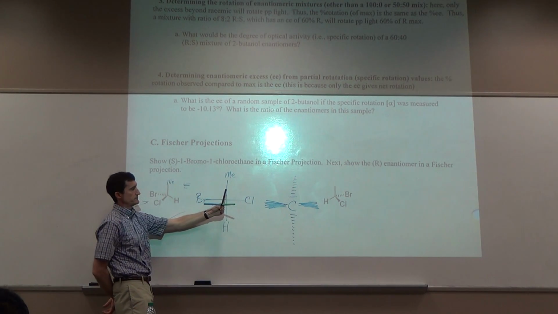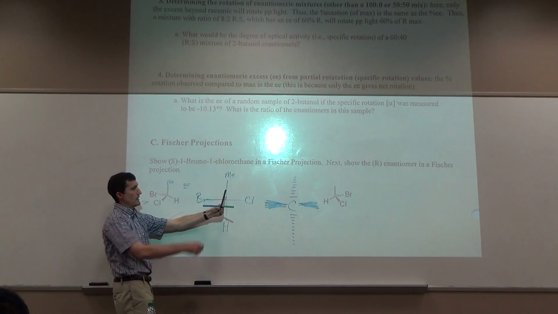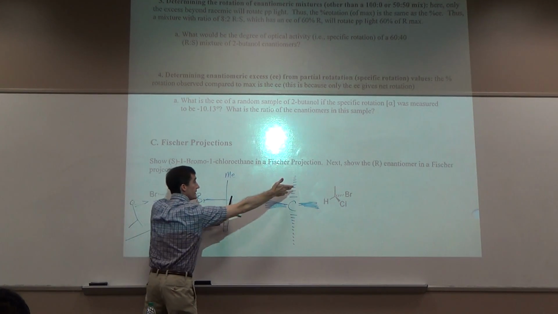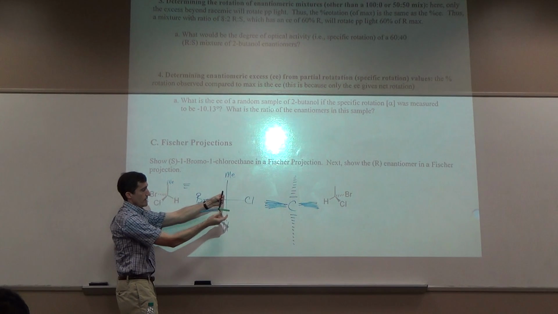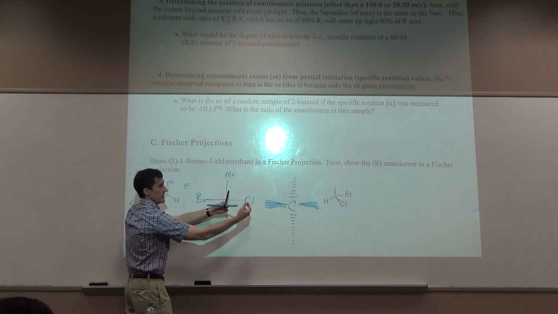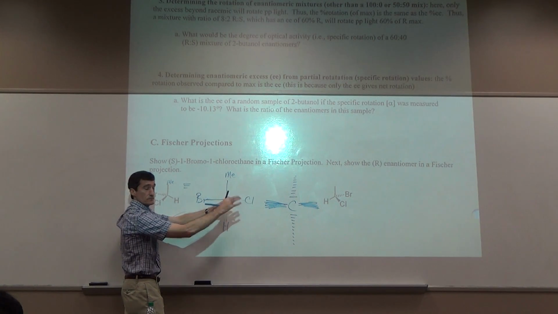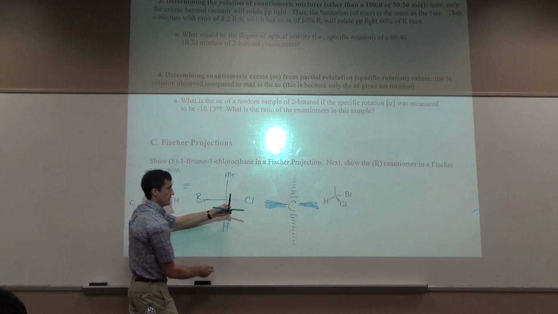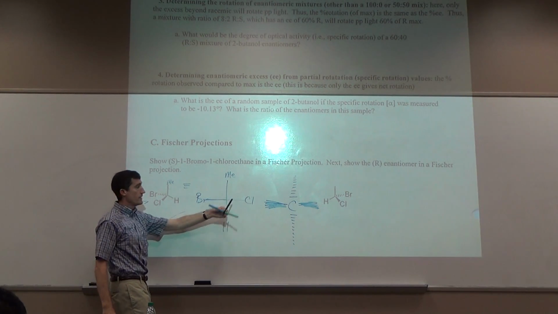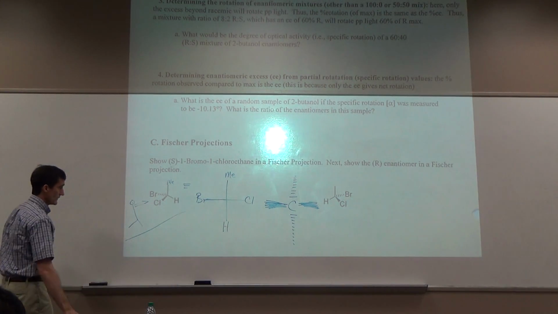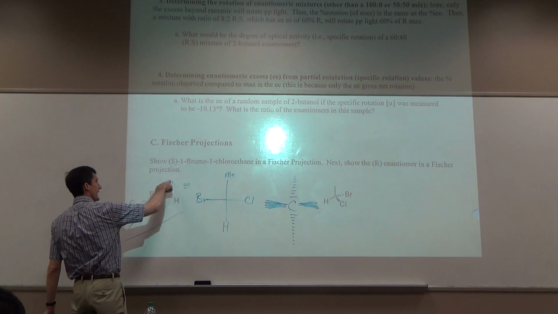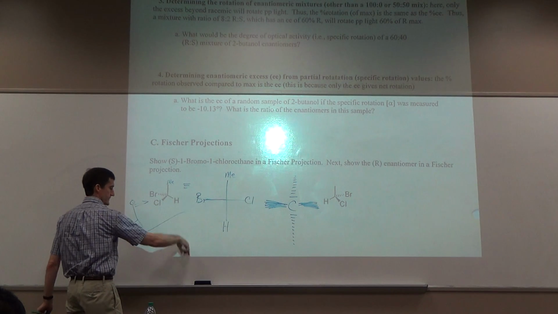There it is on the board. Methyl going up, but back, right? Does it not mean back? Here's the H, it's down, but it's also going back. Chlorine's over here, but it's coming forward. Bromine's over here, but it's also coming forward. So there it is on the board. Now, is this really S, or am I lying to you?